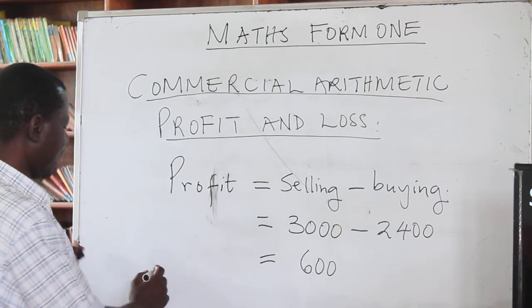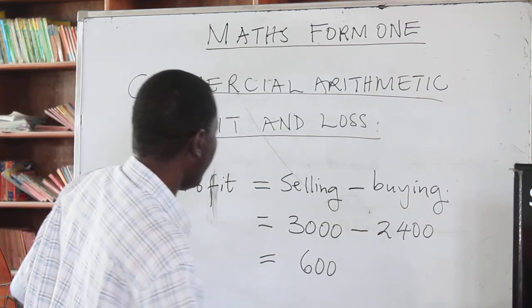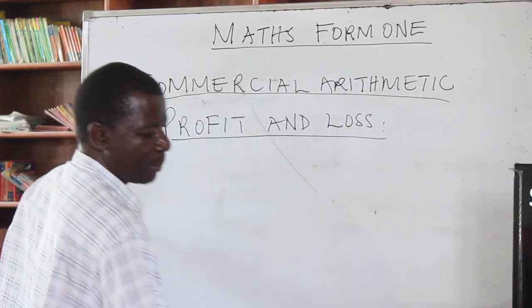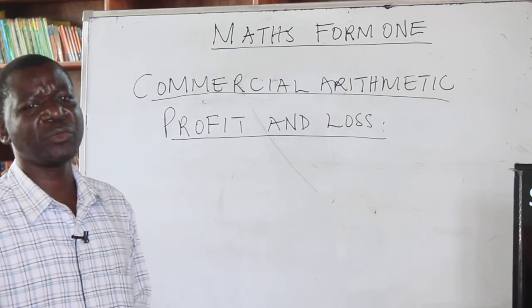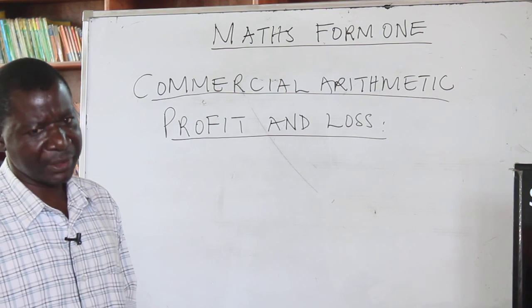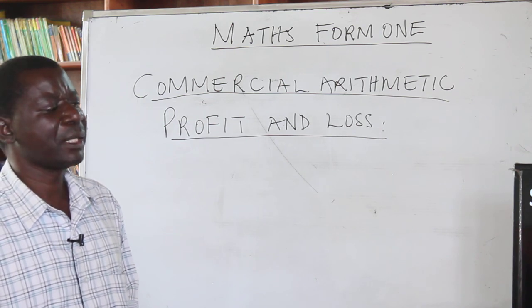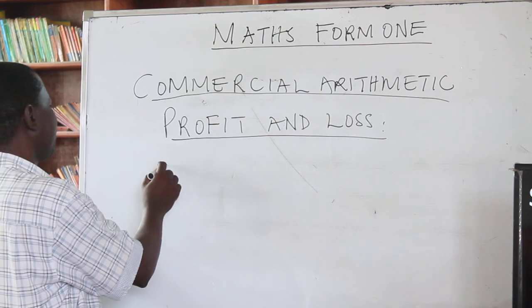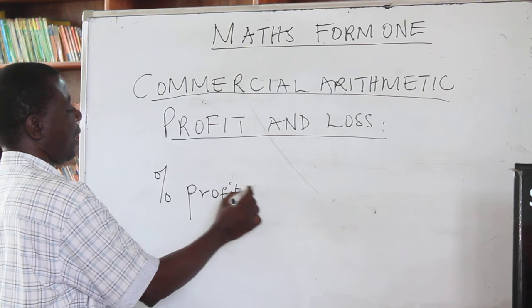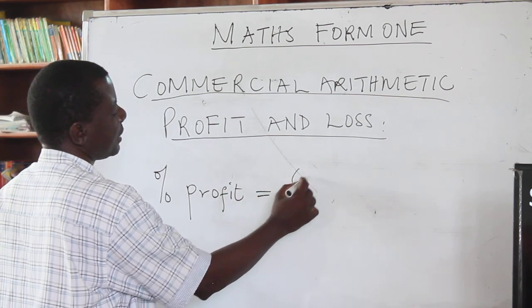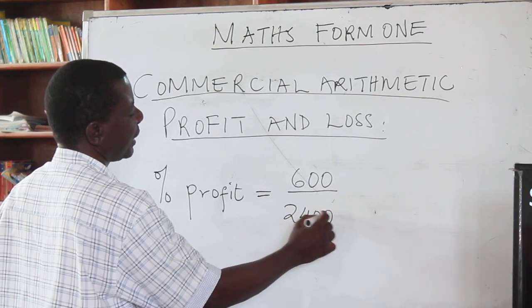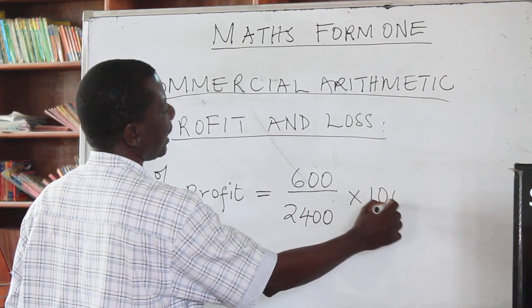The percentage profit will be the profit, which is 600, divided by the buying price, which is 2,400, multiplied by 100.